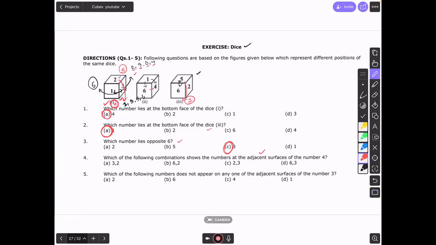Yes, adjacent to 4 is what? See, what is opposite to 4? Let me just see first that. Opposite to 4 it is 2. So this will not be the answer. If 2 is opposite to 4, how can it be adjacent?